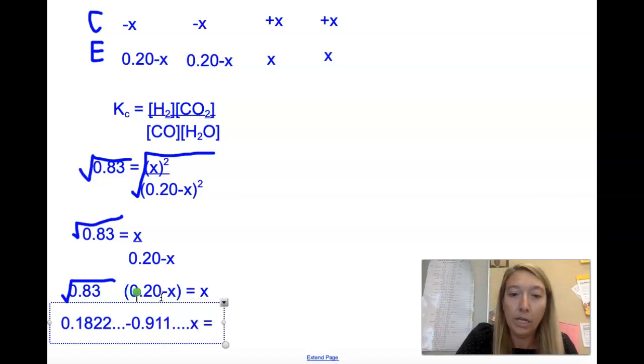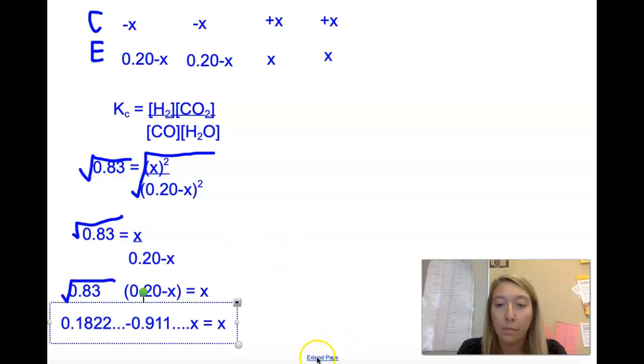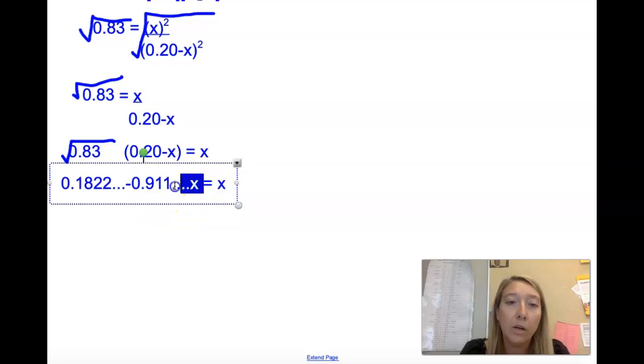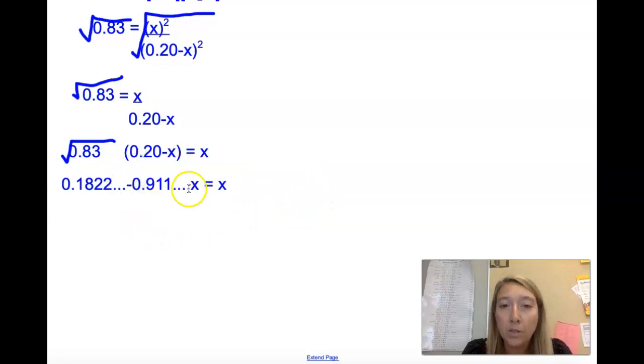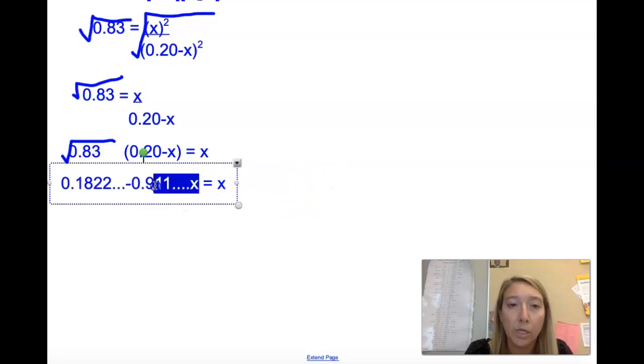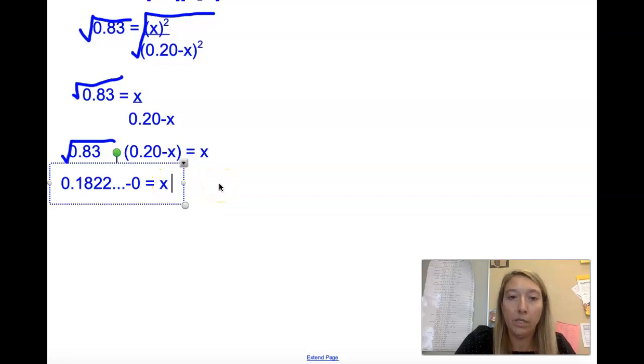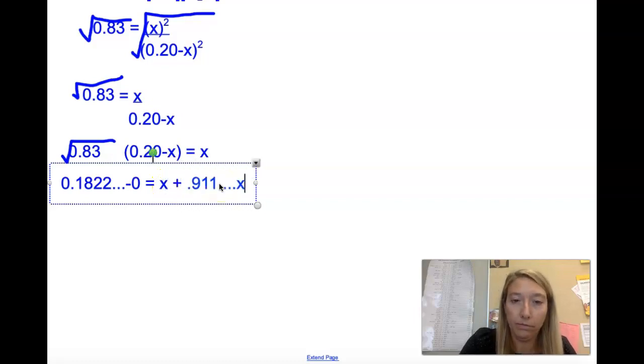That equals x. So just like in math class, when you are trying to solve for x, we need to isolate x. So the x that's currently right here needs to move over to this side. Because it's currently minus x, when we move it over to the other side, it becomes a plus x, right? So we are going to move it to this side. So we wind up with that.